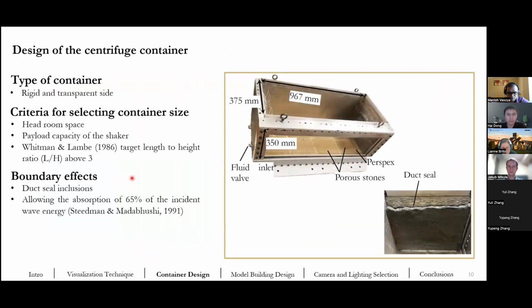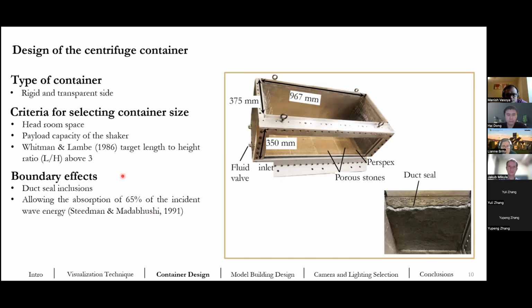So in terms of the type of container that we chose, it was rigid because we wanted a large span of plexiglass for visualization of these interlayers. And there were a number of criteria that we followed to determine the size, such as limitations in the centrifuge platform in both plan view and the headroom space, the payload capacity of the shake table, and also to minimize boundary effects, which is an issue with rigid containers, as we probably know.